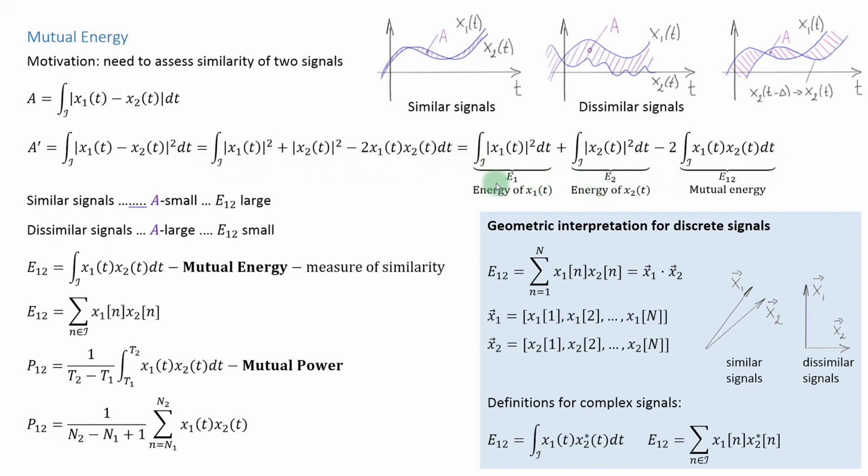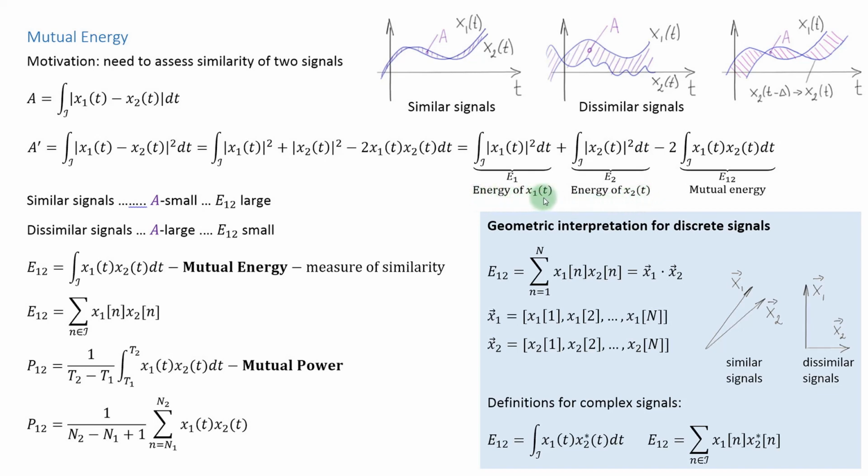And here, using what we have learned on the previous slide, we can identify that this first integral is in fact just the energy of the signal x1, and this second integral is in fact just the energy of the signal x2.